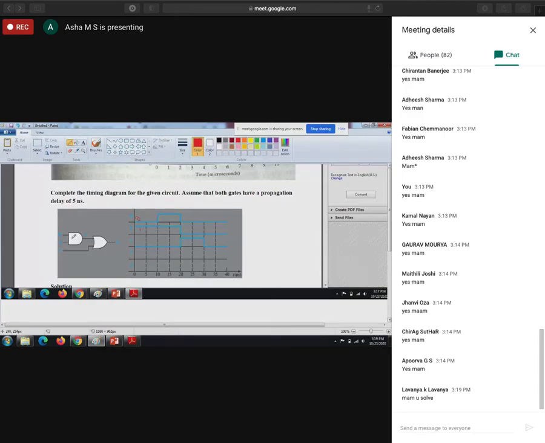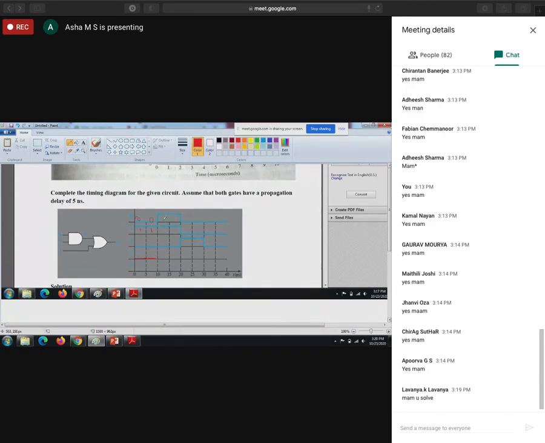So because of the AND gate, V will be 0. Next, after 5 nanoseconds, W is 0, X is 1. Still, it is 0 only.